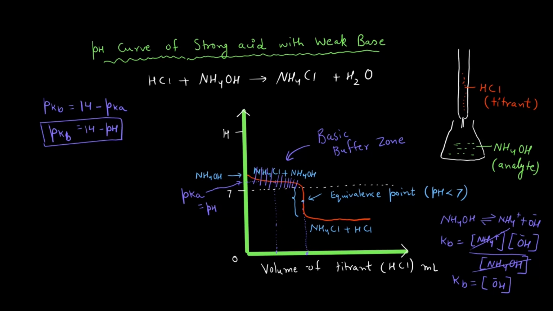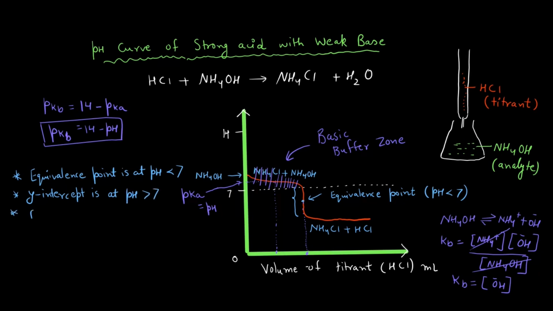So what are the salient features of this curve? The salient features are that the equivalence point is at pH less than 7, and the y-intercept is at pH greater than 7.